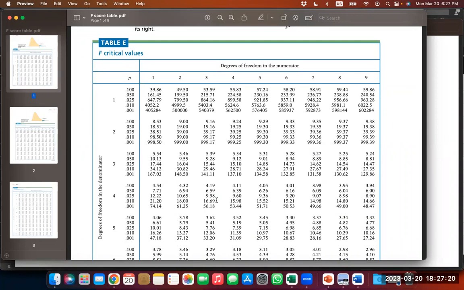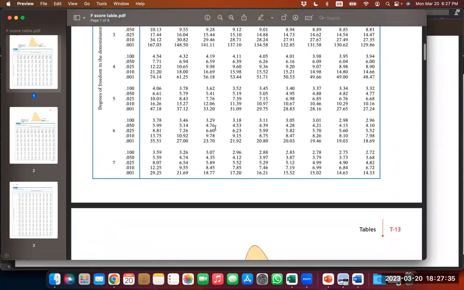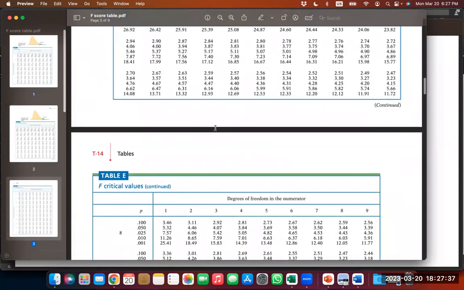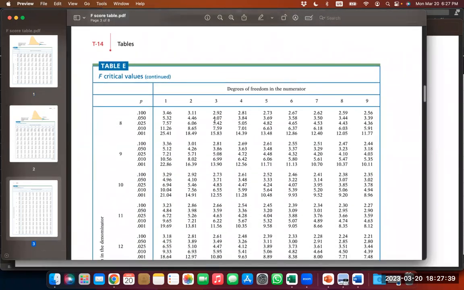And these rows are substratified into 10, 5, 2.5, 1, and 0.1. That's the alpha. So if we have degrees of freedom in the numerator of 3, we go all the way down, and we find here degrees of freedom in the denominator of 9, which is our degrees of freedom within.